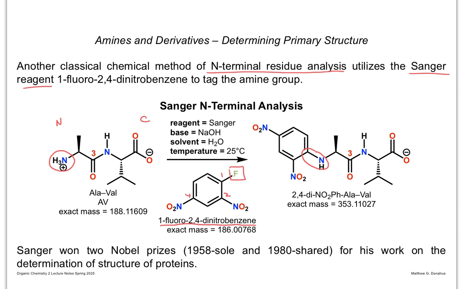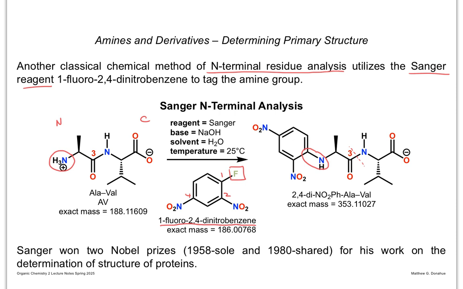Now you have a tag on that, and you can basically undergo a hydrolysis reaction that will cleave that bond, and you'll see which amino acid is tagged. And so again, the same thing, you can have a library of these Sanger tagged amino acids, look at their exact masses, and then find out, okay, since that one has the tag, it had to be at the N-terminal.